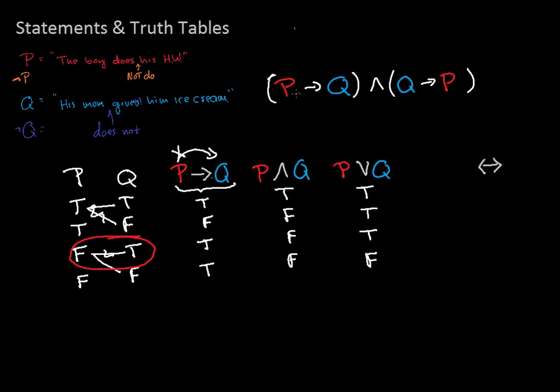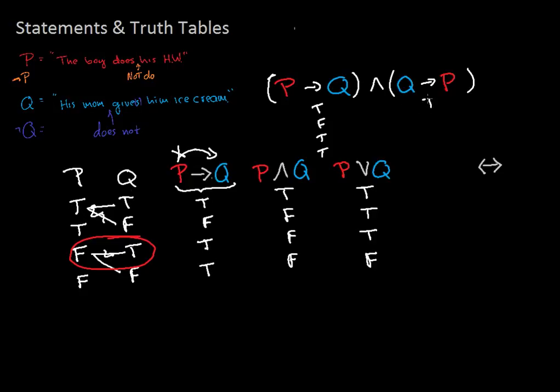So what does that look like? Well, we know what P implies Q looks like. That's true, false, true, true. Let me just write that. True, false, true, true. And Q implies P is the same, but in the opposite direction. So let's flip these. Q's are now P's and P's are Q's. Boy does his homework, mom gives him ice cream.